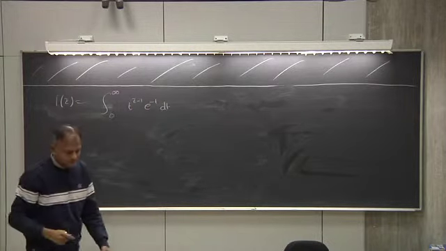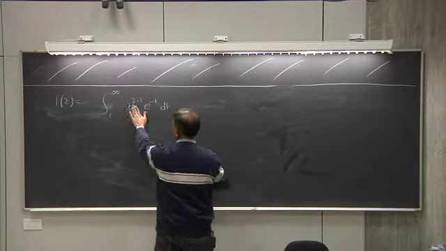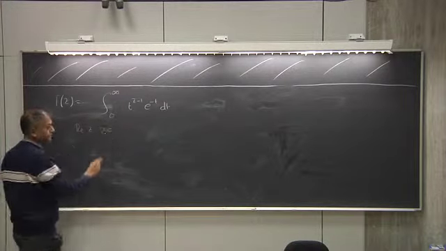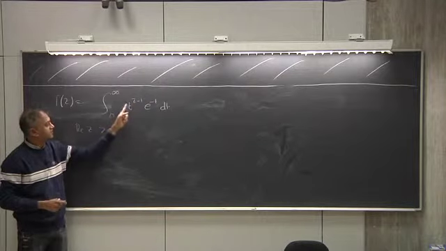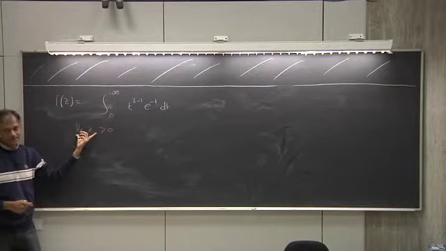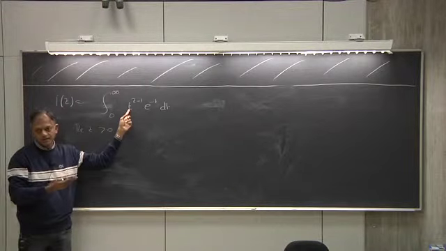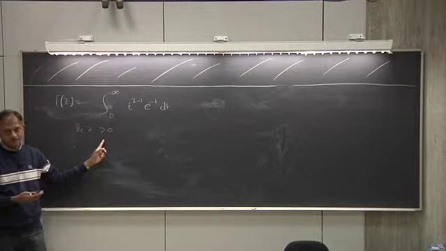This is defined only for real z positive. Otherwise, near t equal to 0, there is a problem. If this condition is not satisfied, then at t equal to 0 it is not well defined. It will be divergent. That's the reason for this condition.